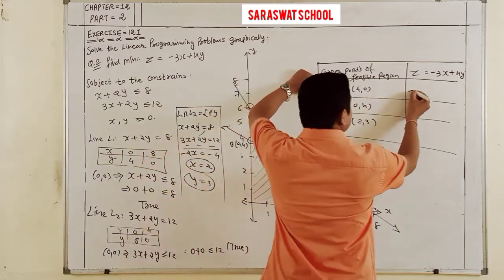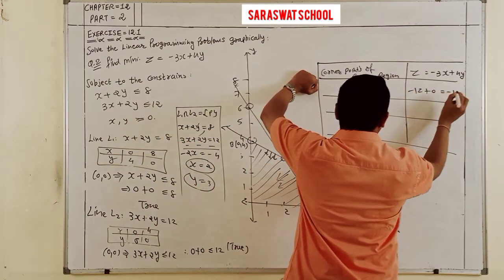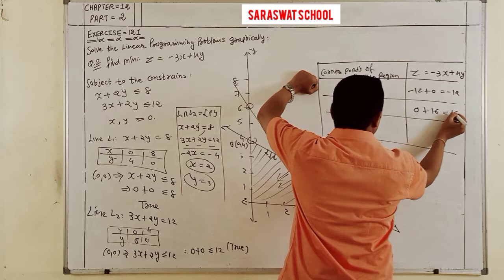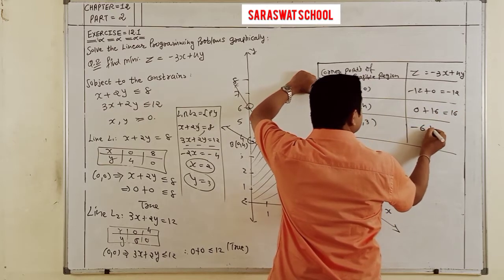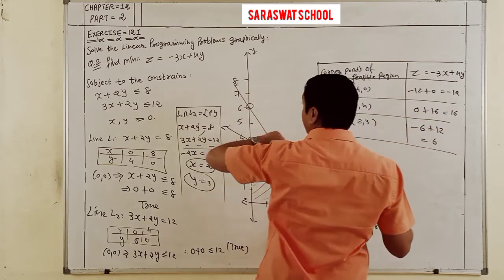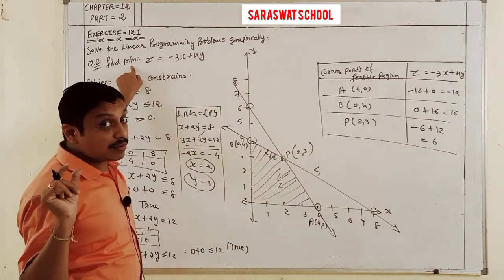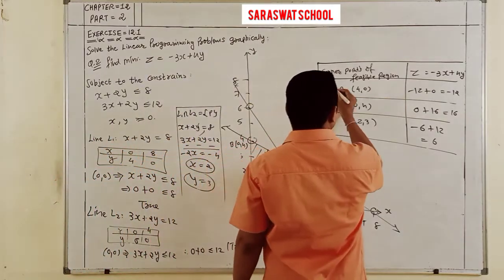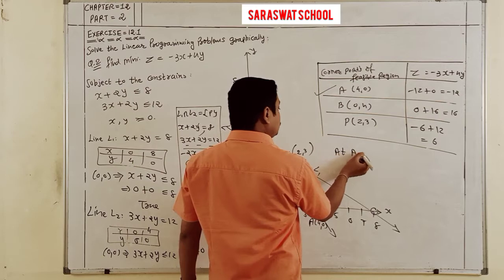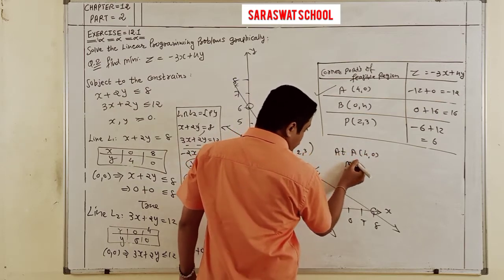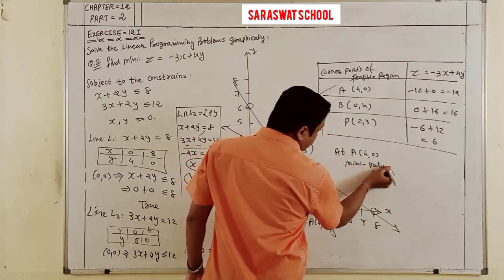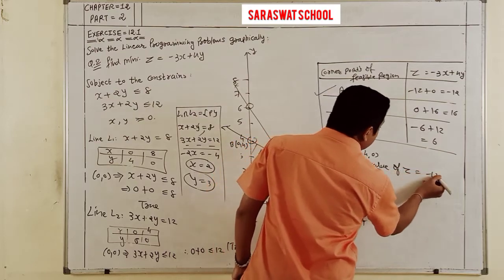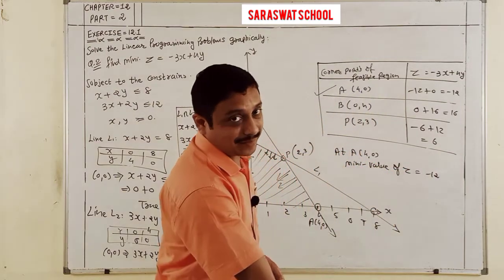So here for 4 0 it is -12 + 0 = -12, here for 0 4 it is 16, and last one, -6 + 12 is 6, but I want the minimum answer, so that's your minimum answer. So at A, 4 0, the minimum value of z is exactly -12.